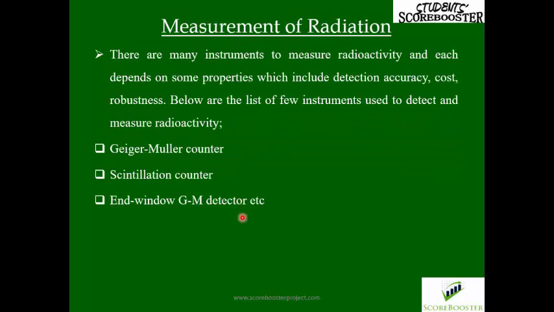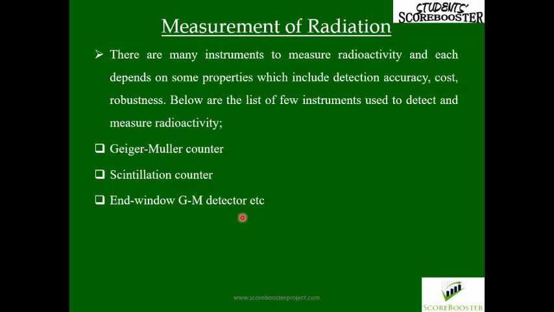So we have been talking about radiation energy. How do we quantify it? How do we measure it? There are many instruments that are used to measure radioactivity, which depend on the properties of the machine and what we need those properties to do. Properties can be accuracy in detection, cost, robustness, size, or the energy needed to operate.